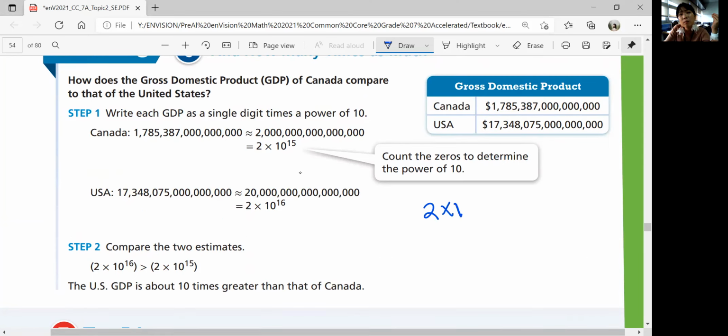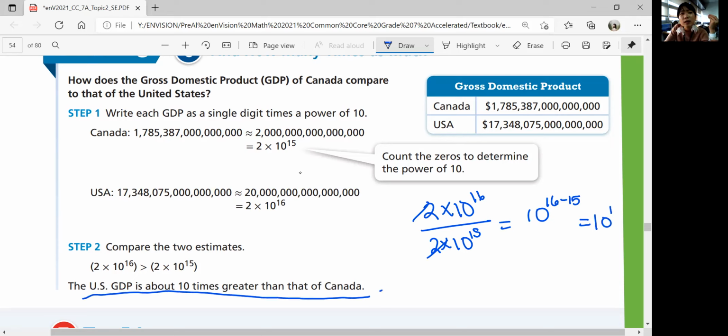You divide the bigger number by the smaller number to see how much bigger the bigger number is. So 10 to the 16 divided by 10 to the 15, using the quotient property of exponents, you subtract the powers and you get 10 to the first power, which means the US GDP is about 10 times greater than that of Canada.